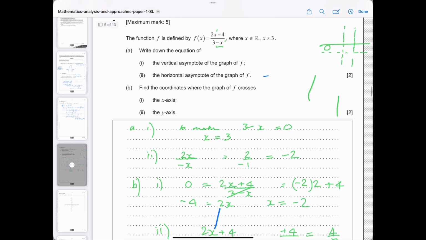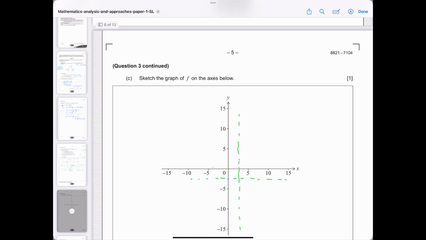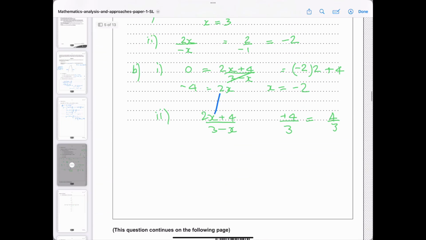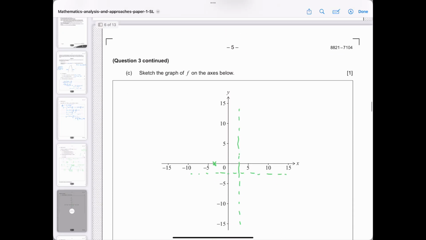It crosses the x-axis at minus 2. And it crosses the y-axis at 4/3. So that's 1 1/3, so that's there.